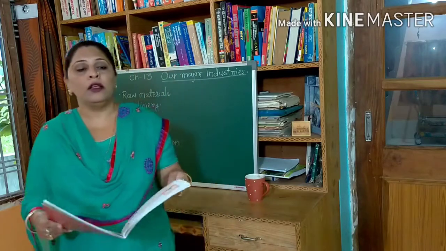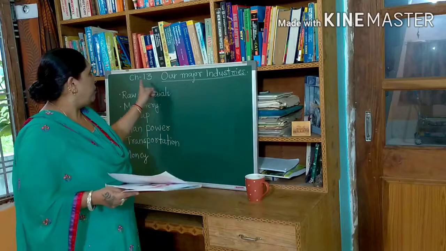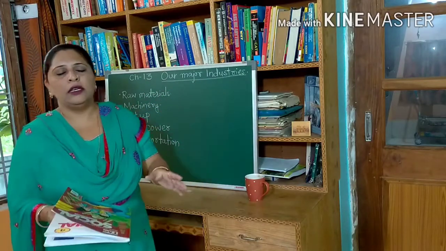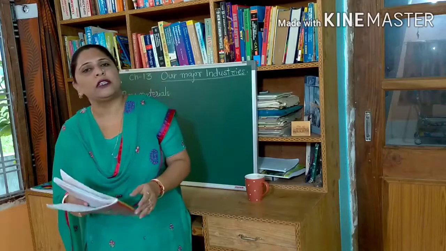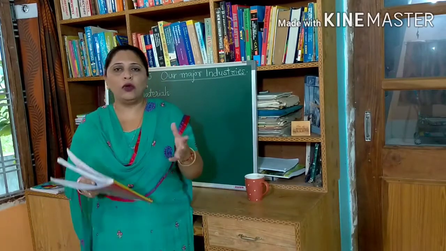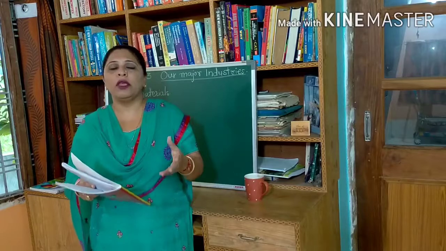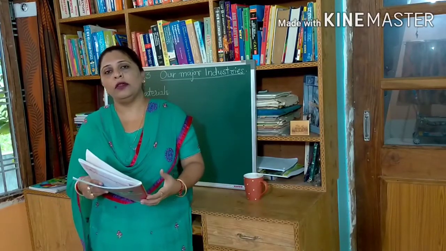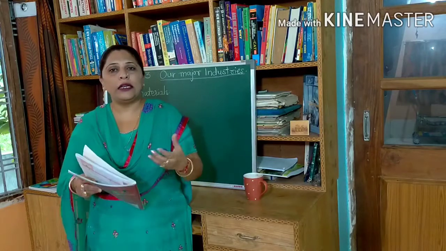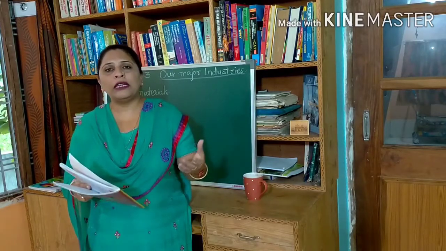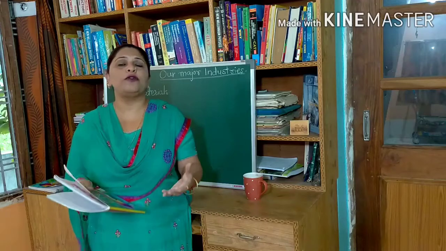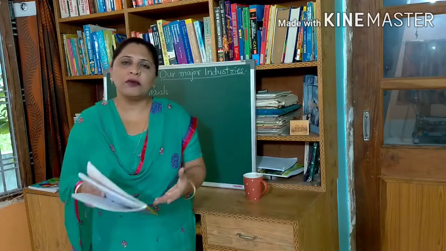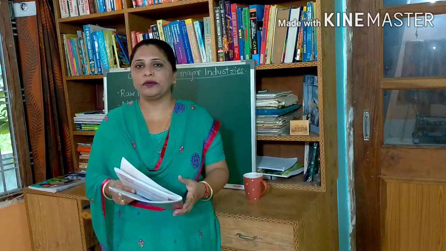Let us begin with chapter 13, our major industries. Today we are going to learn about industry. Just imagine, in the beginning of the chapter we started with civilization, how early man became domesticated, how he started to have a settled life, then how it developed. We then read about various aspects of farming and soils, minerals, everything we studied.